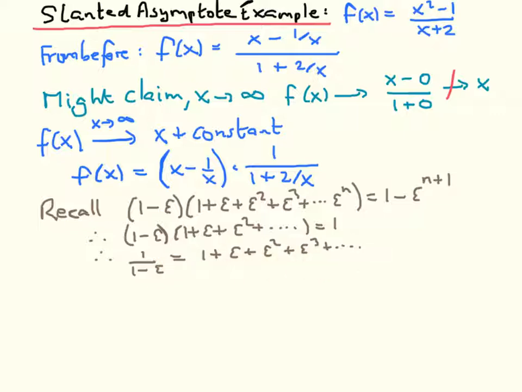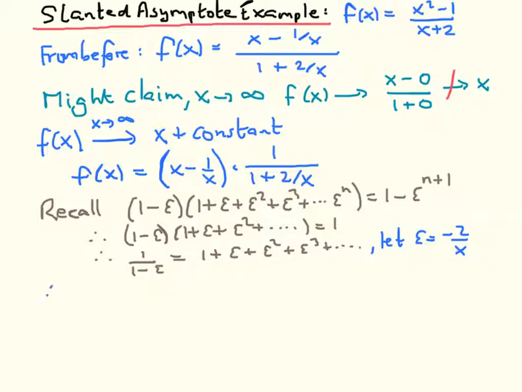So this is our result. I'm now going to say let epsilon be minus 2 over x. Let's be careful with the minus sign. Here we have 1 over 1 plus 2 over x. So plus 2 over x is minus epsilon, so epsilon is minus 2 over x. And now I want to put this substitution into here.